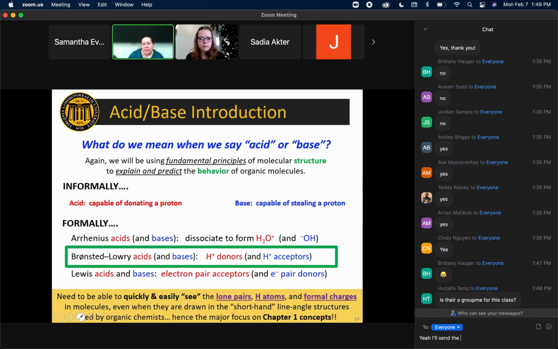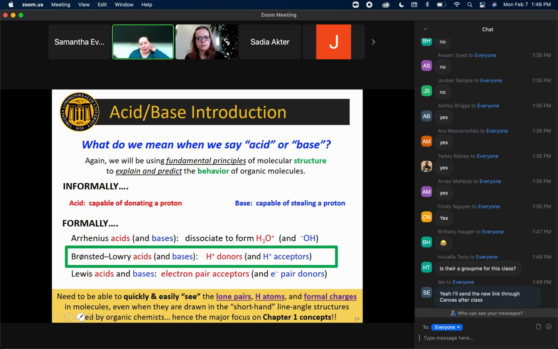For the purposes of this class, Bronsted acids and bases are going to be the main one that we deal with. I'll focus my attention on that in the last minute and more so on Wednesday, but I am going to go through each of these 3 so that you're aware of them.